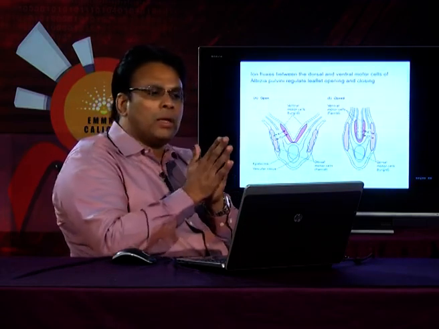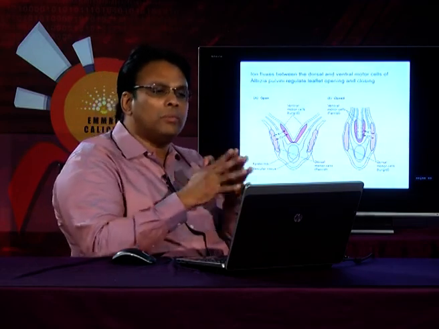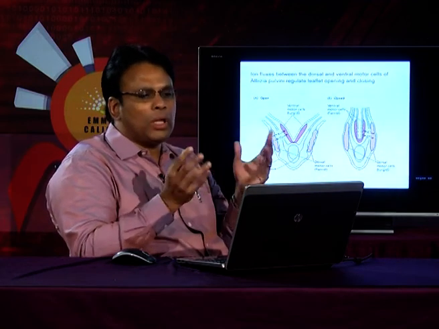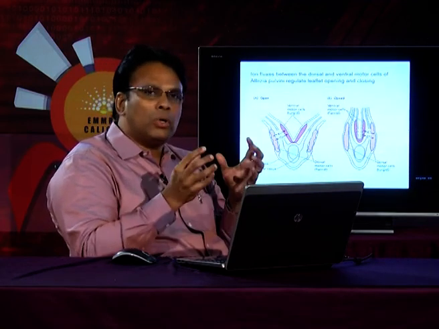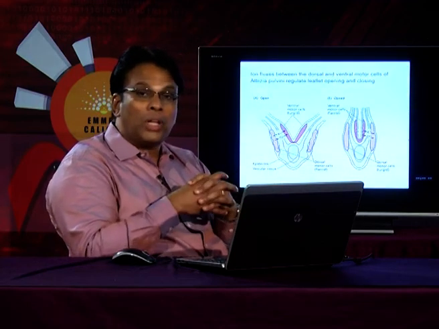This is basically happening because of the ion fluxes between the dorsal and ventral cells. The osmoticum is building up, and the osmoticum is controlled by the influx and efflux of potassium ions.